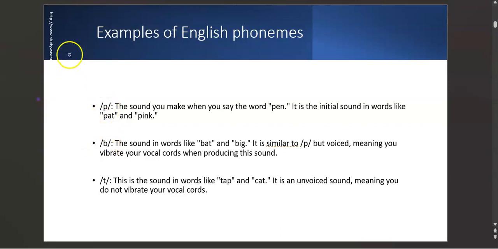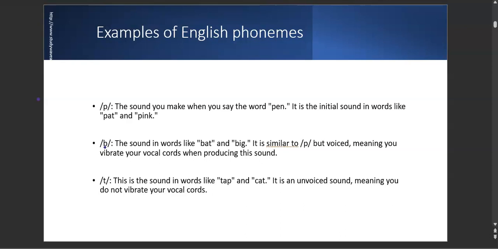The second example we move to is the sound B. This is sound B. It's found in words like but, big, and this is an example of a phoneme. So we have the sound P, the sound B, and we find this in words like but, big.